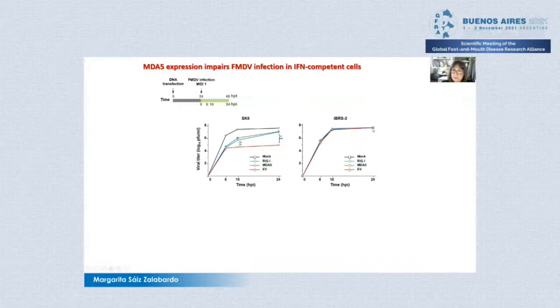In the case of interferon-incompetent cells, the 4 kinetic curves basically cluster as one.